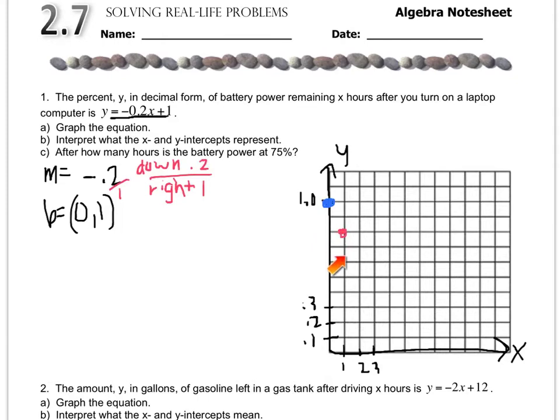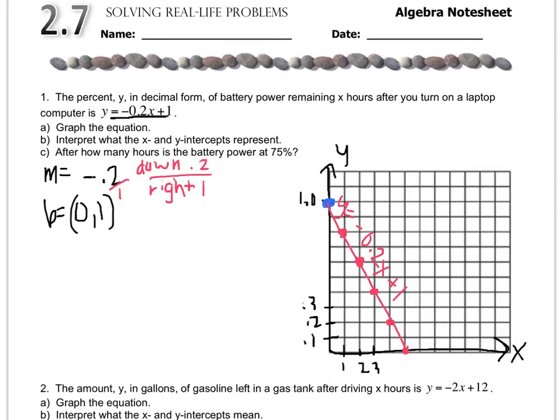Down 0.2, right 1, I can put a dot there. That's why I wanted to keep the slope a decimal, so I could do this. So I'm just going to finish the graph and connect it. It doesn't make sense for me to extend into negatives. y equals negative 0.2x plus 1.